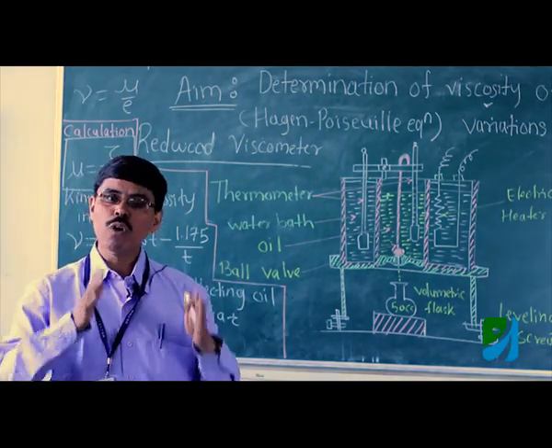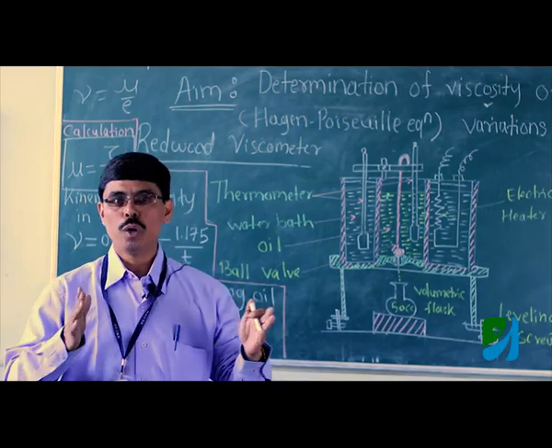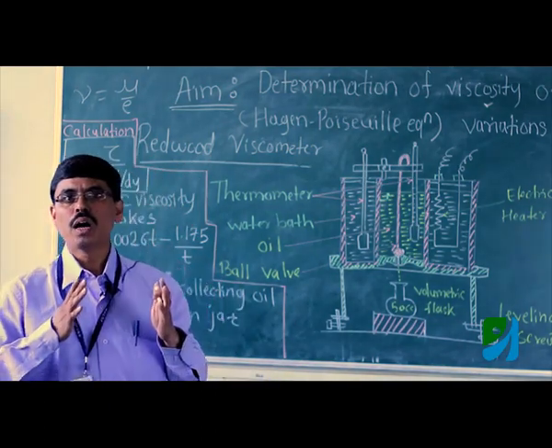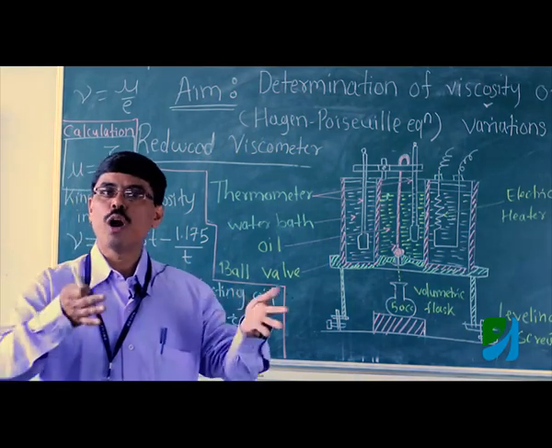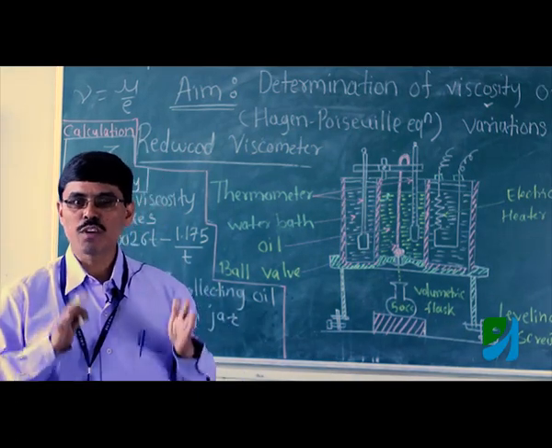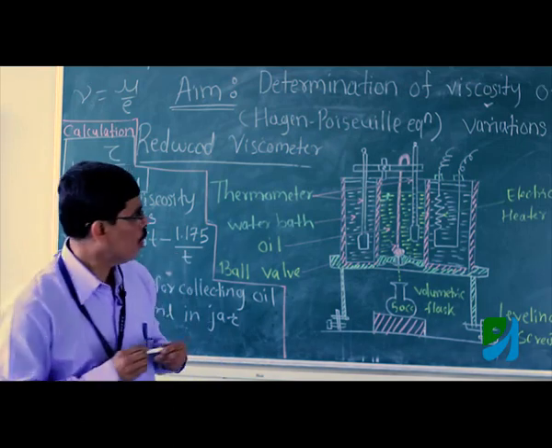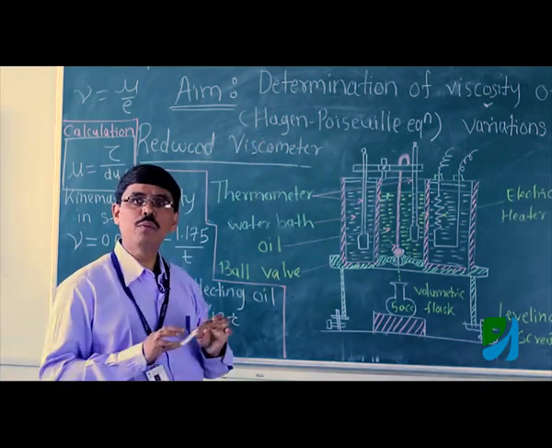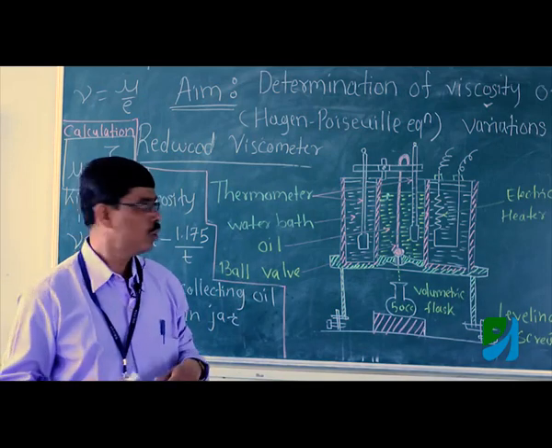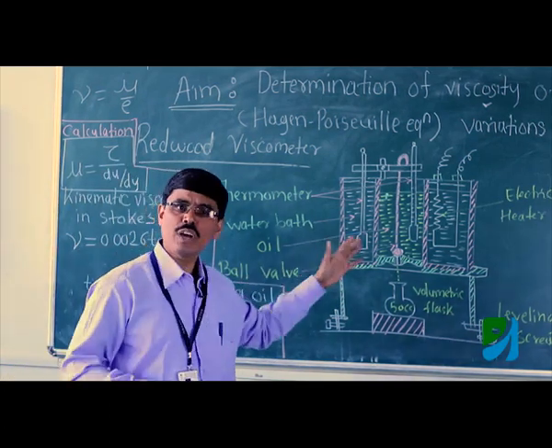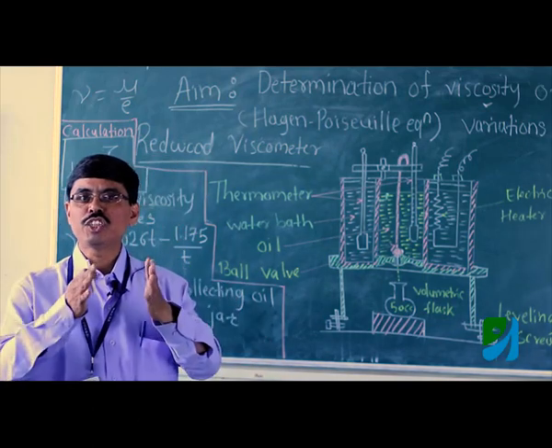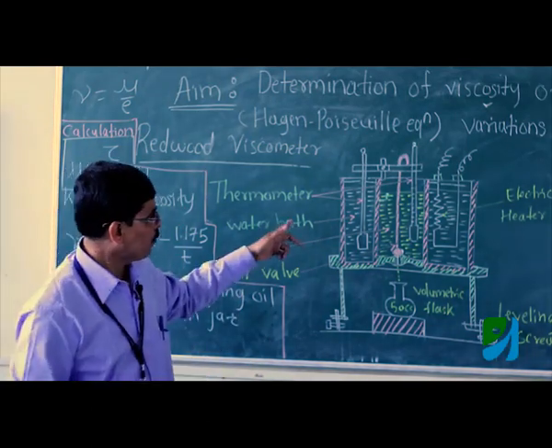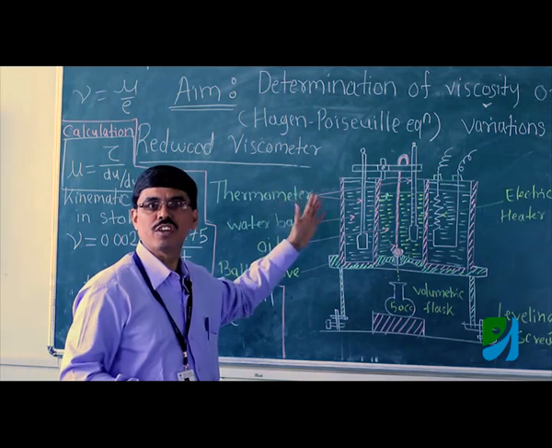A laminar flow is also called a viscous flow, because in a laminar flow the viscosity is more predominant. In Hagen-Poiseuille's equation, a deliberate laminar flow is carried out, either by the movement of a surface or by creating a pressure difference. Here, what we are creating is the pressure difference.